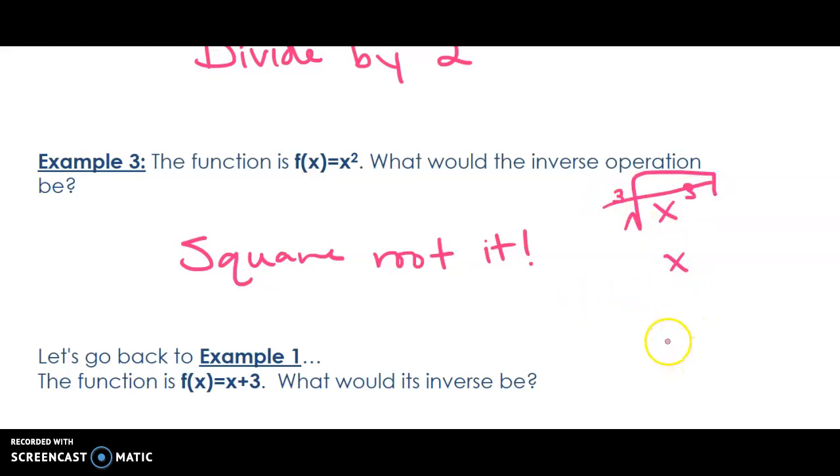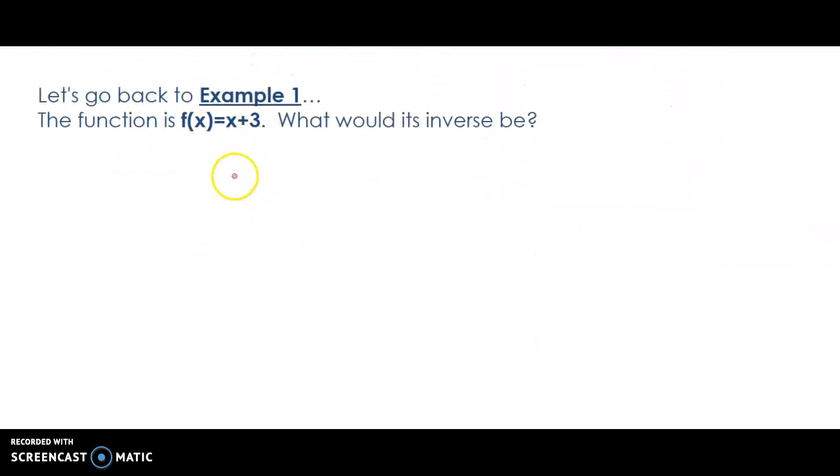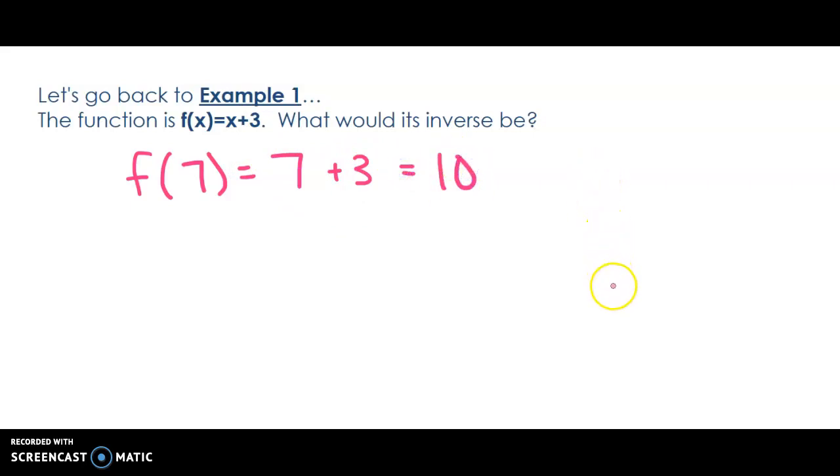All right, and so let's go ahead and actually apply some numbers to these examples. If we're looking back at example 1, let's say I want to start out with 7 donuts and I add 3. So I am inputting 7 into my function for f of x. That's going to give me 7 plus 3. That will equal 10 donuts.